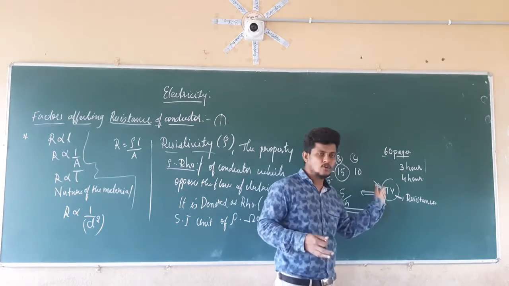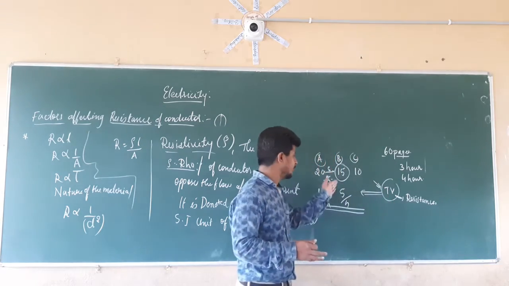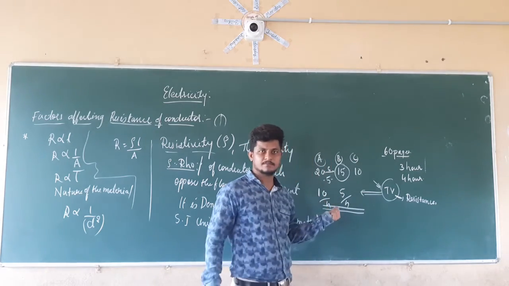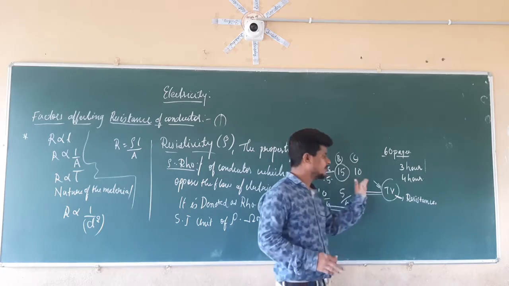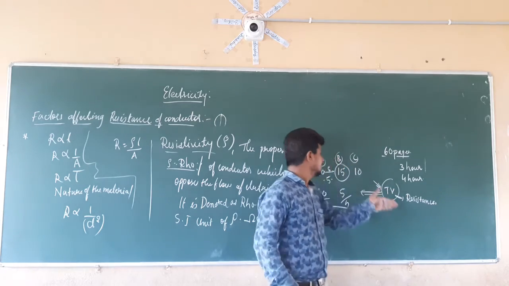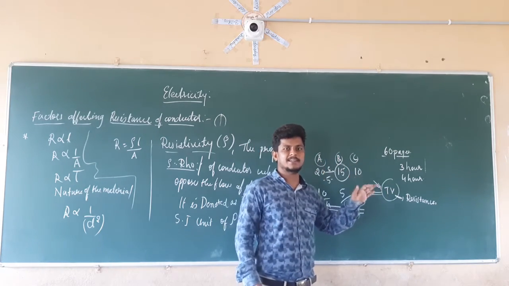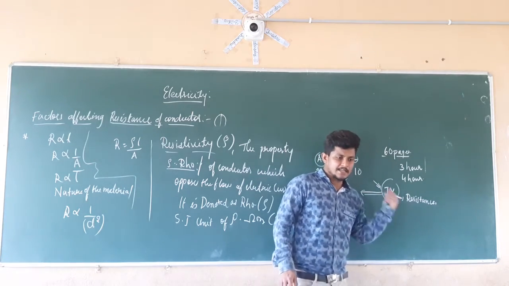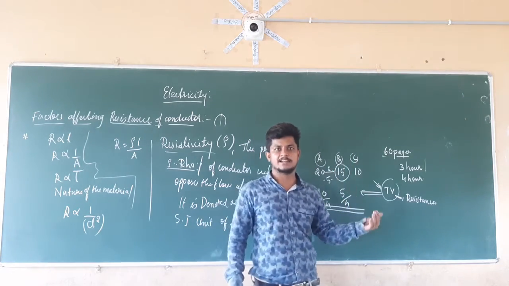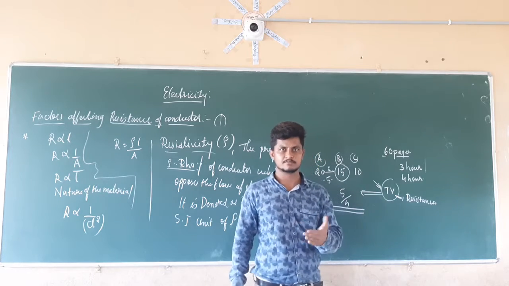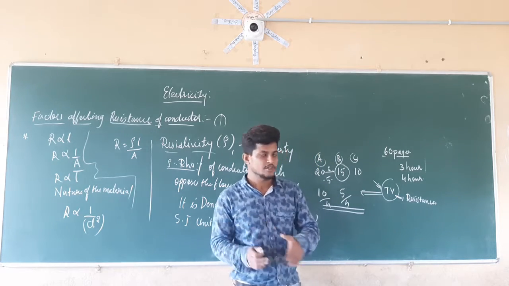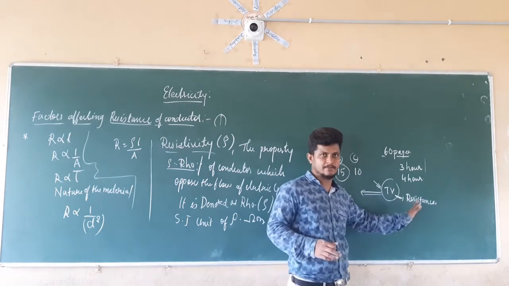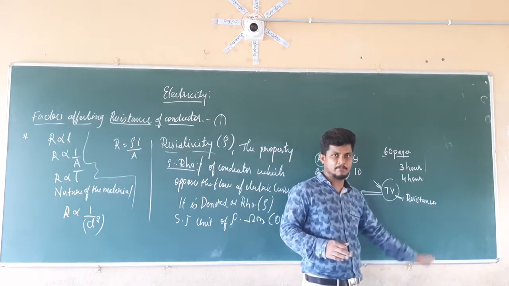So if there is no presence of the TV, what will happen? They are going to write 20 pages. Because of the TV, they are writing 10 pages. In the same manner, without resistance, the conductor is going to carry the electric current in a high amount. If you put the resistance there, the current carrying capability of that conductor is going to get reduced. So this is an external factor which is going to reduce the current carrying capability.